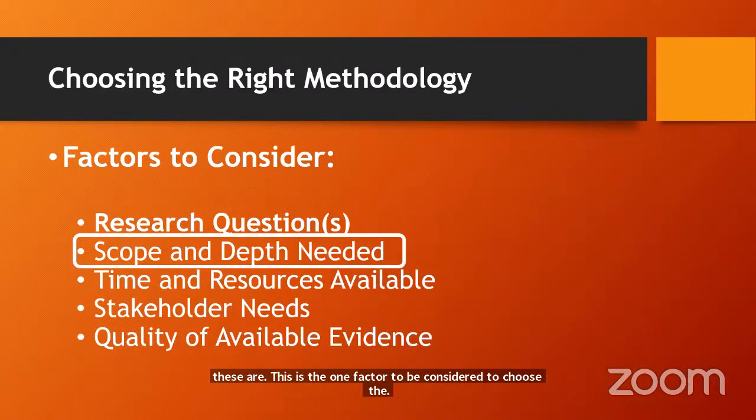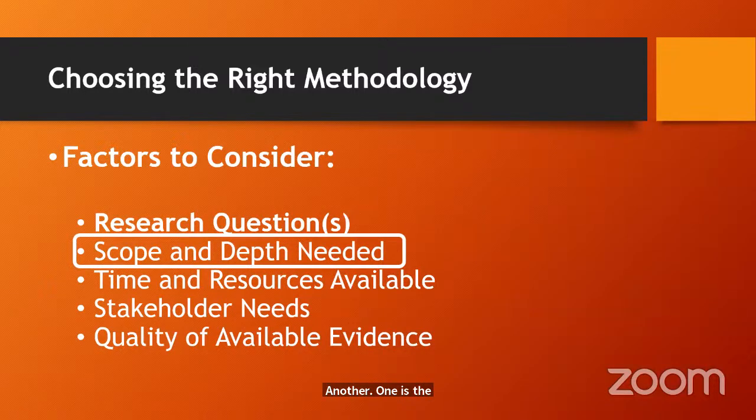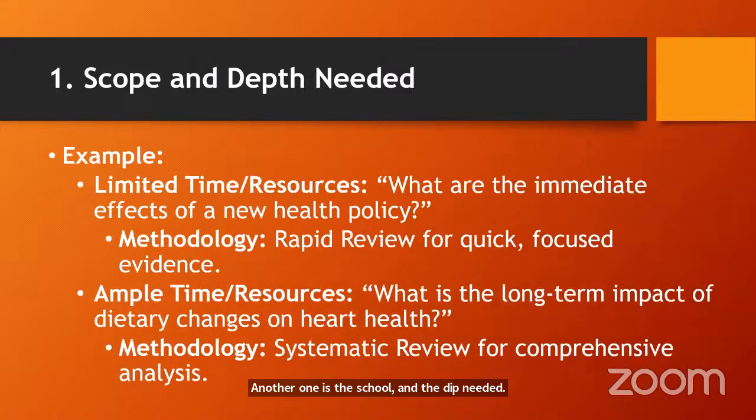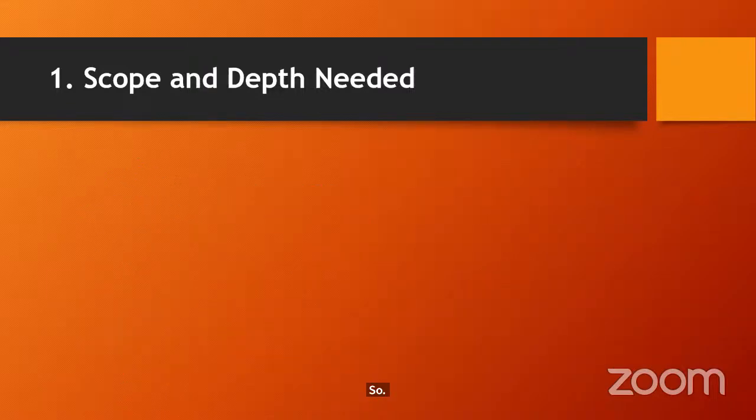Another one is the scope and the depth needed. This is the extent and the detail of the information required for the research. This influences whether a broad overview or a detailed analysis is appropriate.